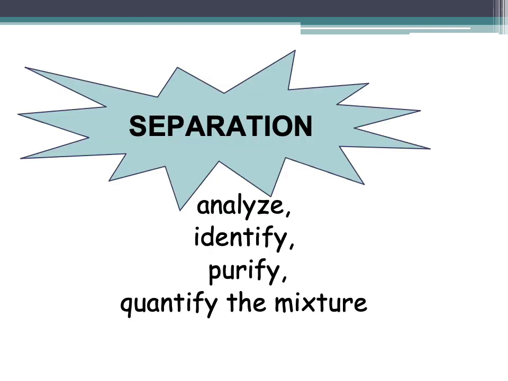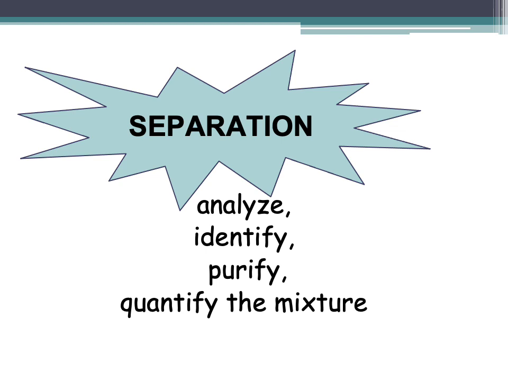So why we need separation? Okay, first we want to analyze. So we want to analyze whether the mixture is this kind of the substance. So we can analyze the mixture, or we can identify. Thirdly, we can purify the mixture. So from this mixture, we can purify to become the substance.